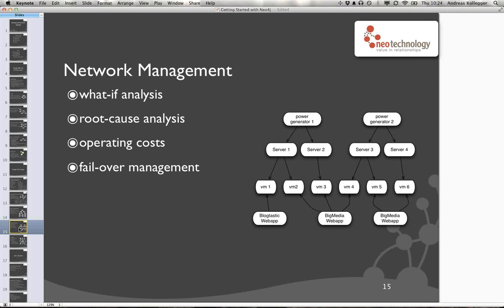It's incredibly important, in that scenario, to quickly figure out if somebody in one of those warehouses trips over a cord and knocks out a power supply. What's the result of that? What applications go down? What do you have to do for failover management to move customers' applications around so that they have minimized downtime? In a graph, again, all those complex interrelationships can be very easily expressed, and so you can have a real-time response to what's going on in your network.